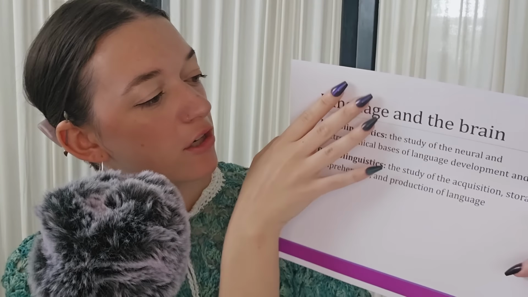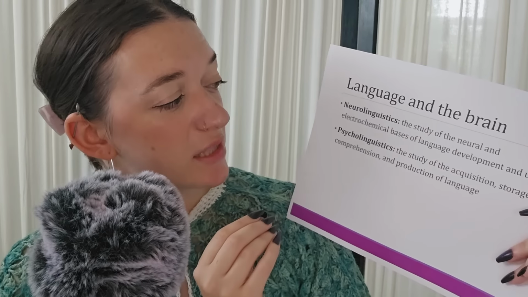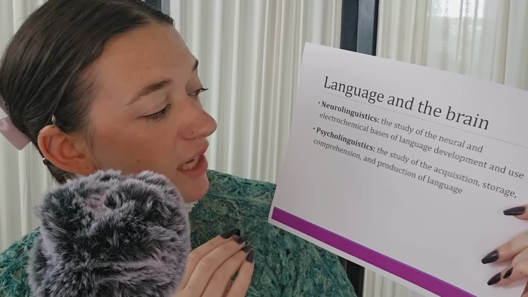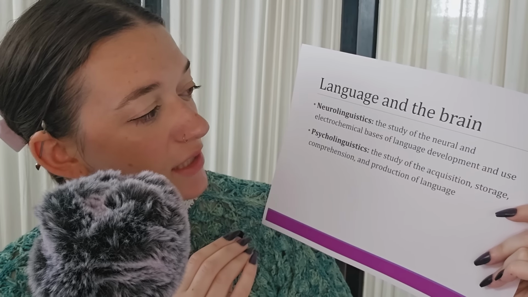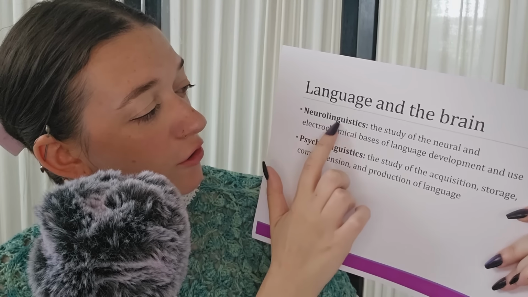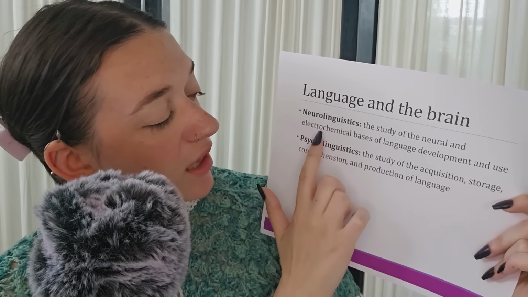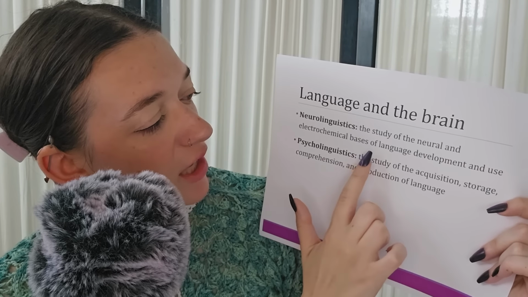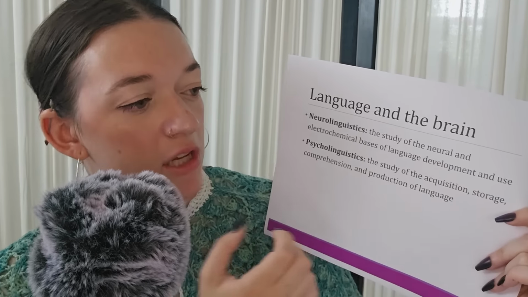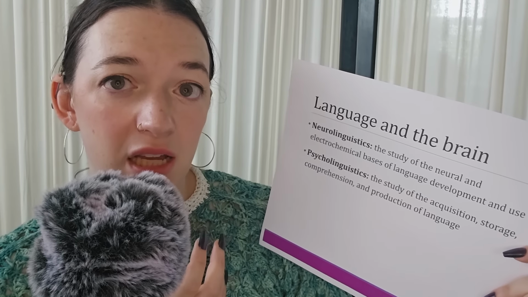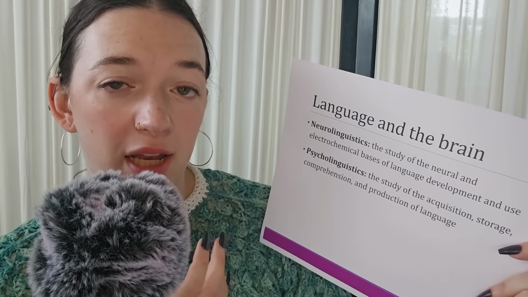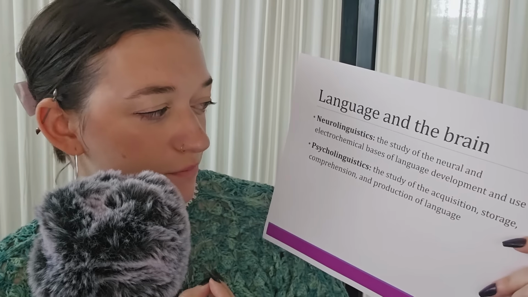So there are a little bit of differences between neurolinguistics and psycholinguistics. Neurolinguistics is the study of the neuro and electrochemical basis of language development and use. So what is physically going on inside the brain such that we can use language.